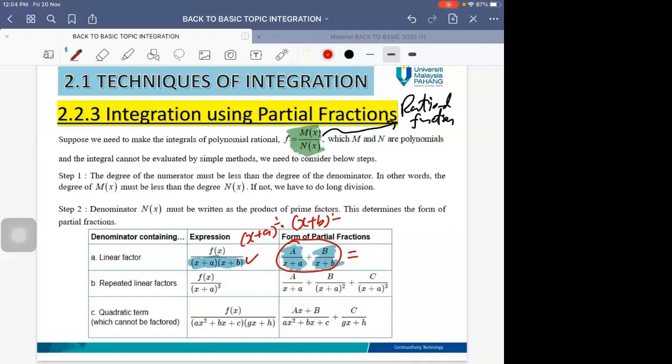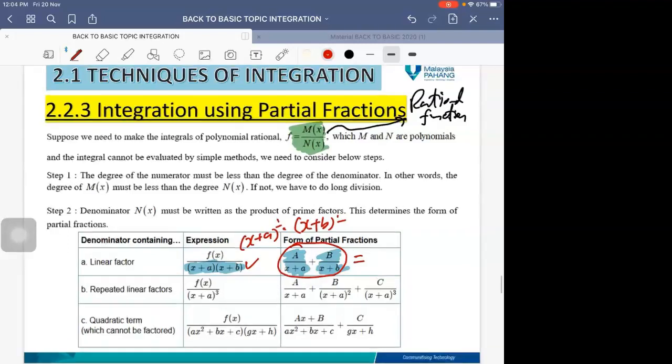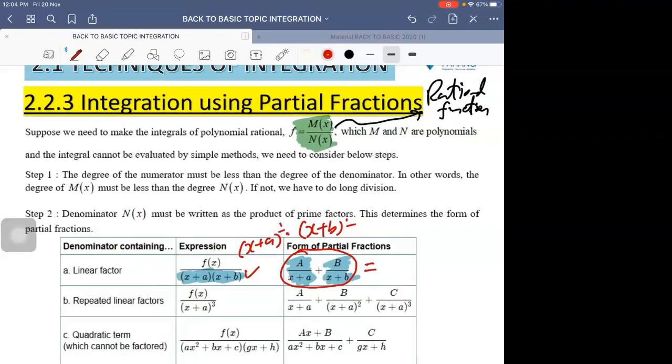For example, if I want to combine these two fractions, I have A over (x plus a), and I need to multiply with (x plus b), and above also I must multiply with (x plus b), and then plus B over (x plus b). So remember how you solve fractions, you must equate the denominator.